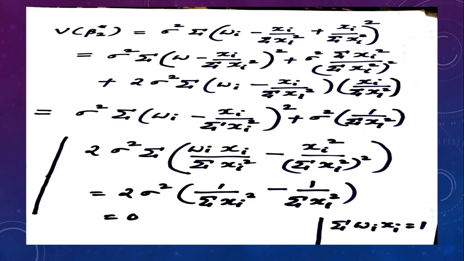So variance of beta 2 star is equal to sigma square into 1 by sigma xi square plus a positive quantity, that is sigma square into sigma (wi minus xi divided by sigma xi square), the whole square.